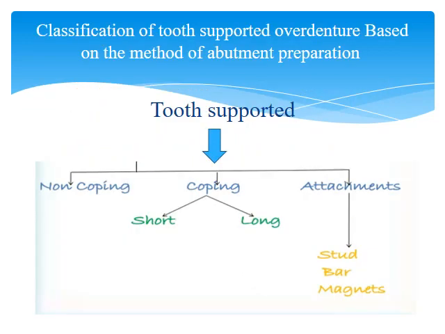The classification of tooth-supported overdenture is based on the method of abutment preparation. The tooth-supported, as we said, can be classified into non-coping, coping, and with attachments.